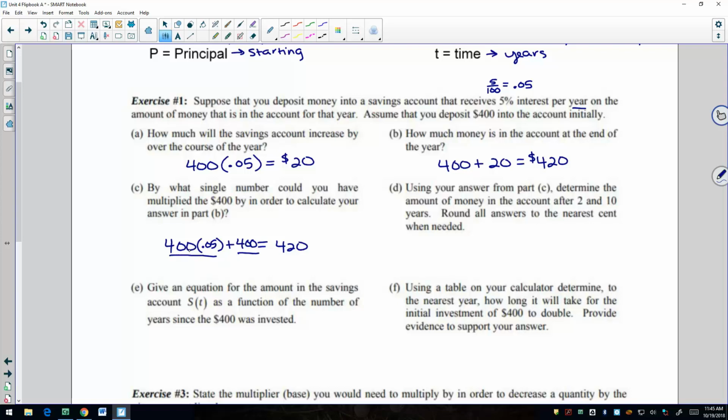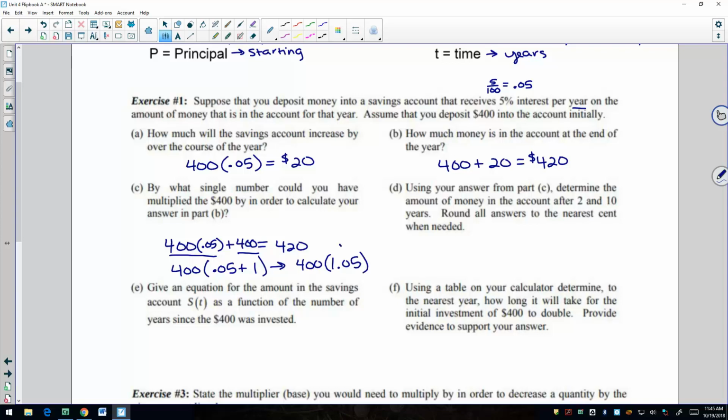So I can GCF out a 400 or divide a 400 out of both terms. In the first term, I'd be left with just 0.05, plus in the second term, I'm left with nothing. But remember, if there's nothing there when you divide 400 by 400, it's really a 1. So now if we rewrite this, this becomes 400 times 1.05.